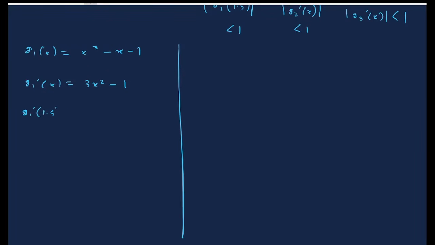we have to check what happens if we put the value of x as 1.5. So we can see that this will go beyond value 1. So this is not our desired g of x. Let us check it with the second g of x we found.